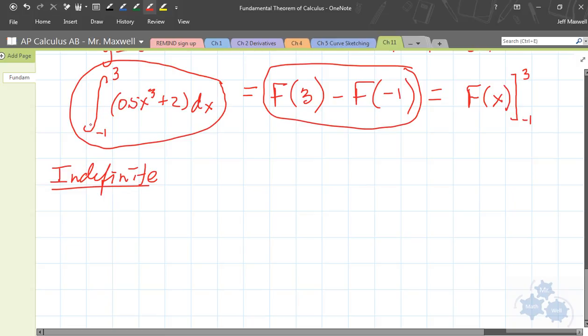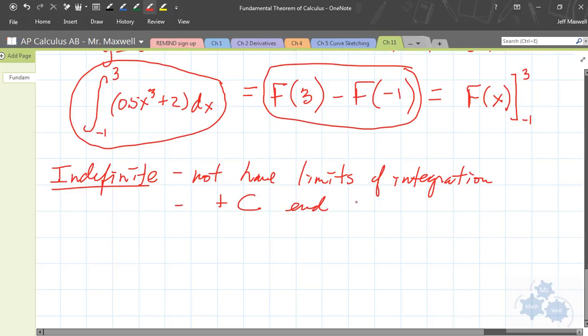So the indefinite integral will not have limits of integration. You won't have numbers at the top and the bottom of the integral sign. And you always need to put plus c at the end, like we used to do with the general antiderivative. So it might look something like this.